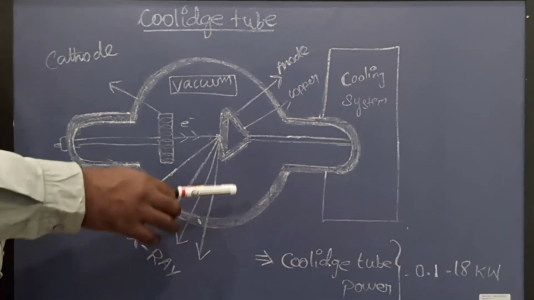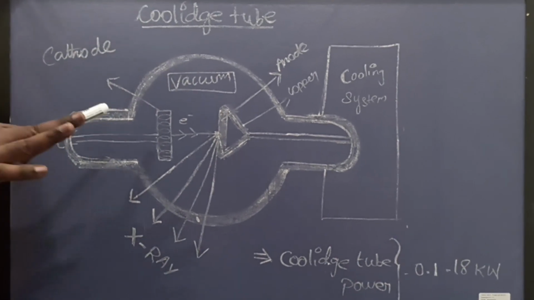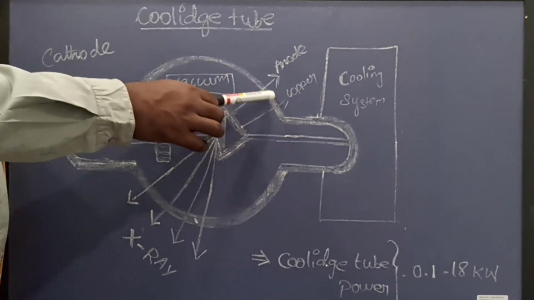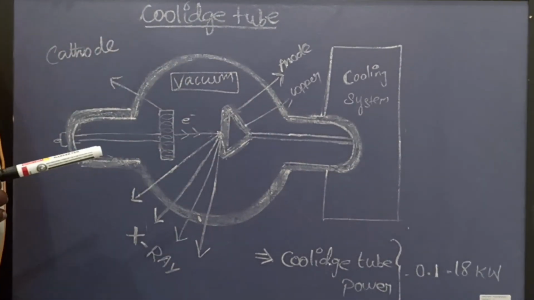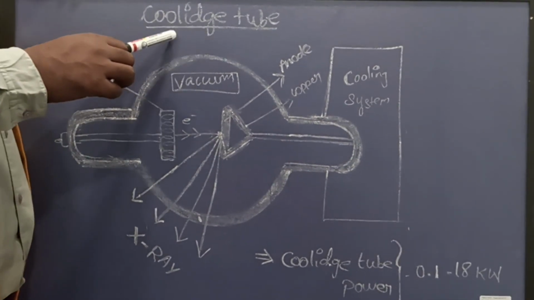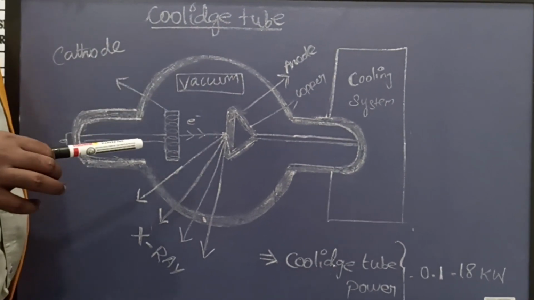This is the tube where the X-ray is produced. The first point is the reason Röntgen chose this Coolidge tube. Coolidge is the scientist who invented this tube, that is why it is called the Coolidge tube.